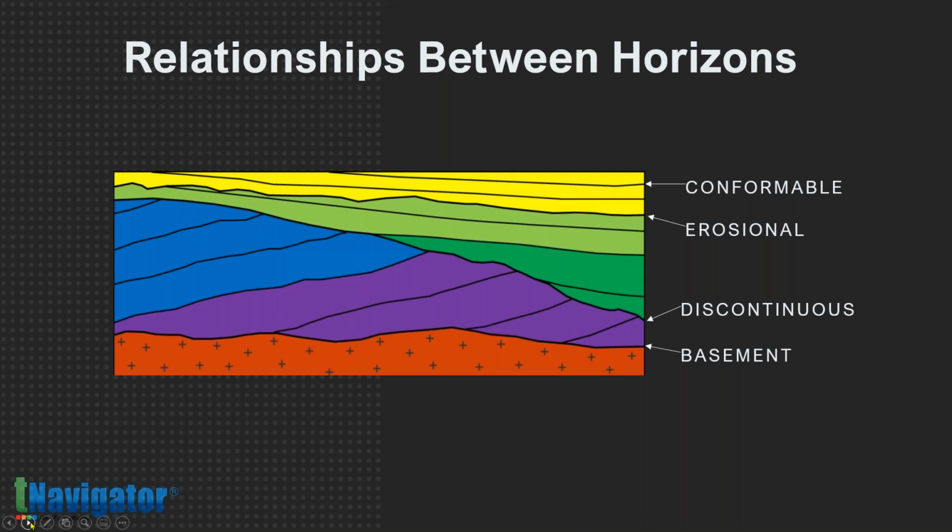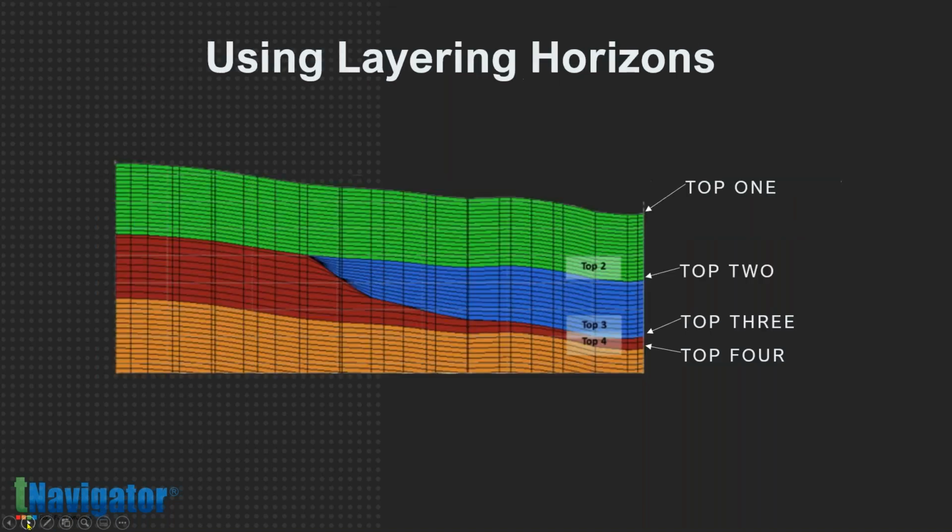So we can model basement, we can model erosion, off-lap, on-lap, etc. We can even in tNavigator model from surfaces that are not part of the grid. So here we've got a fluvial channel between top 2 and top 3, and we've used a surface that doesn't exist in the grid in order to be able to model that shape.